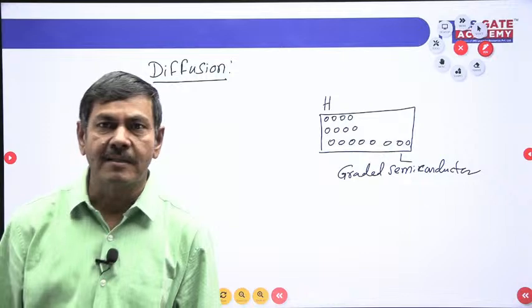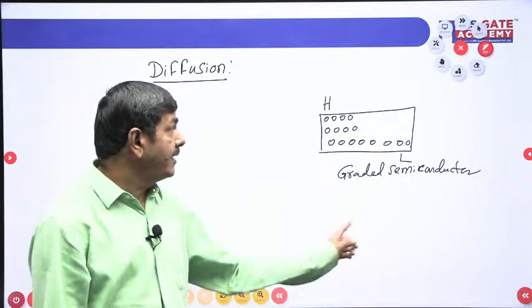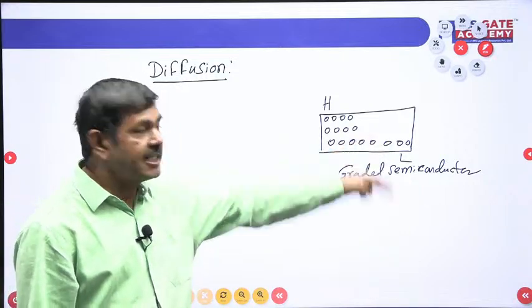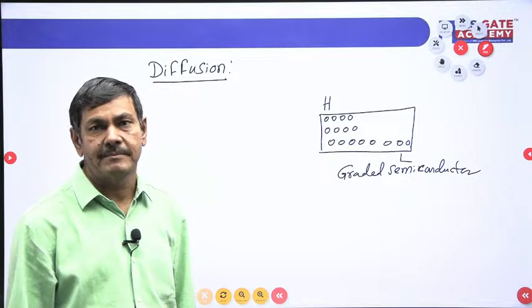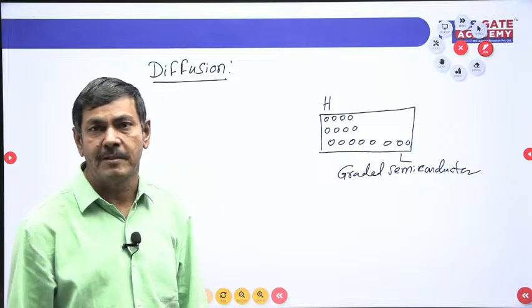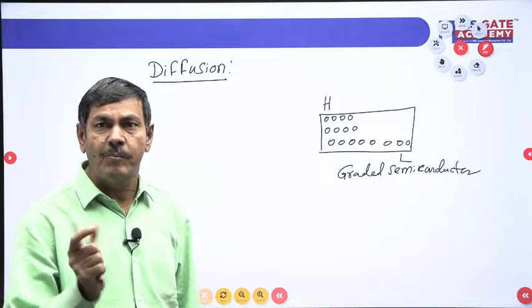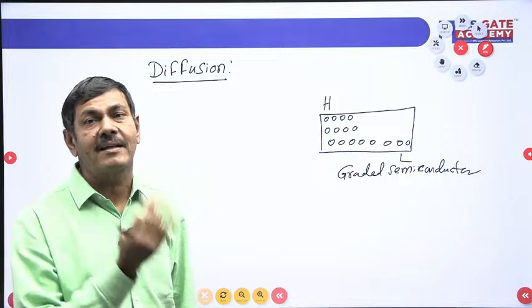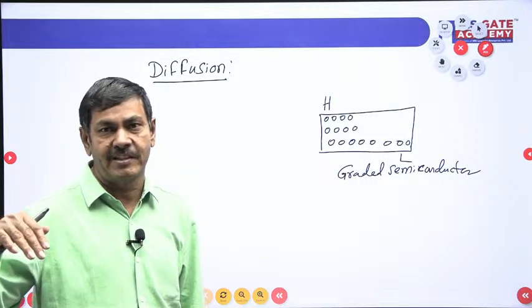If the difference of the concentration exists, what is going to happen? At that time, the mechanism of diffusion is possible. Diffusion means the movement of charge carriers from higher concentration to lower concentration.